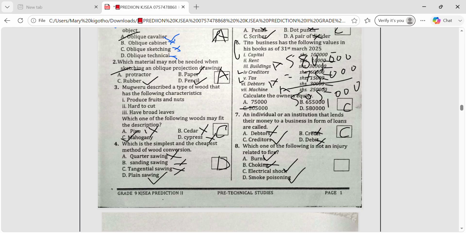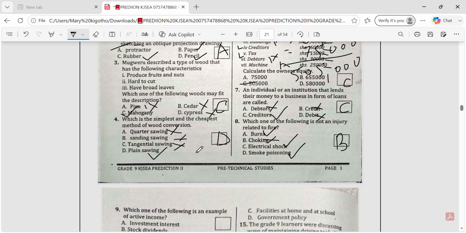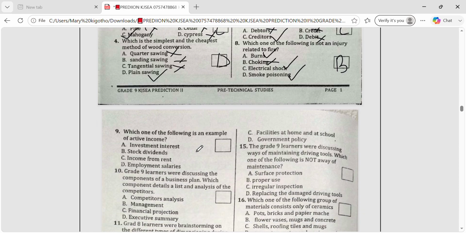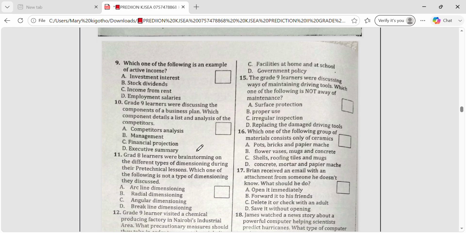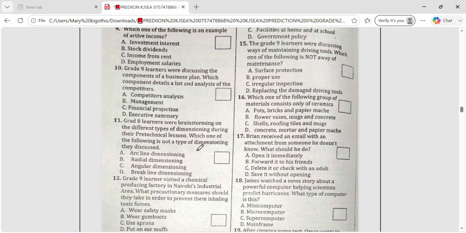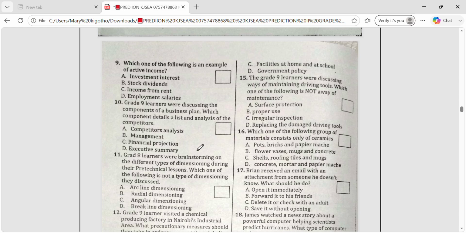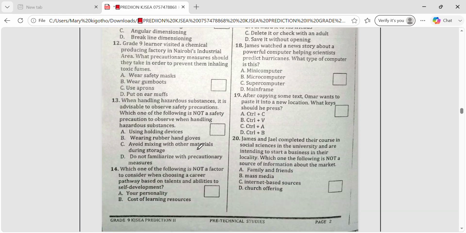So the correct answer is B. You can be choked by anything. Hope you're following everything. Now let's continue.